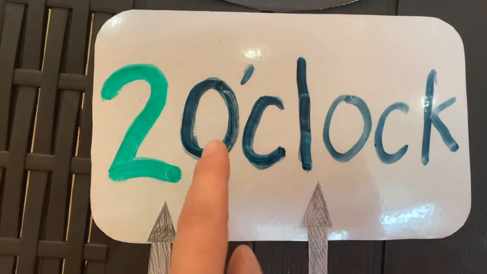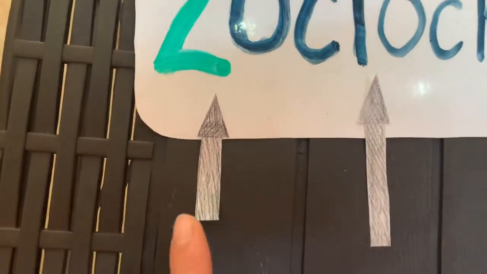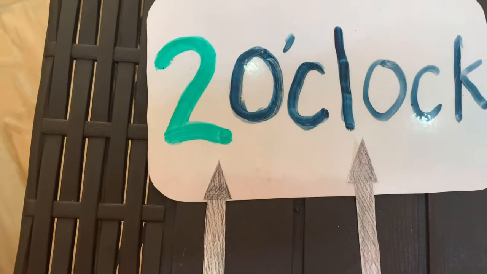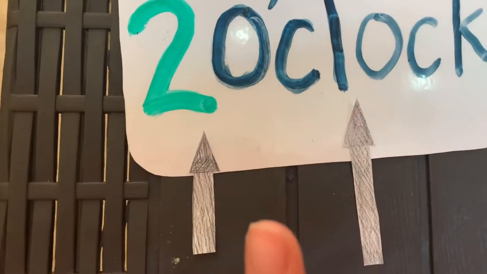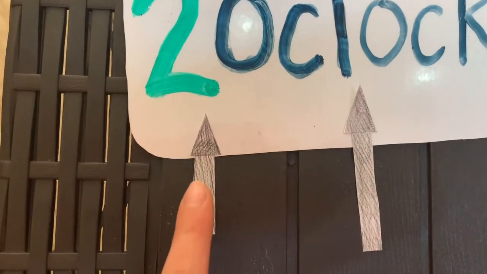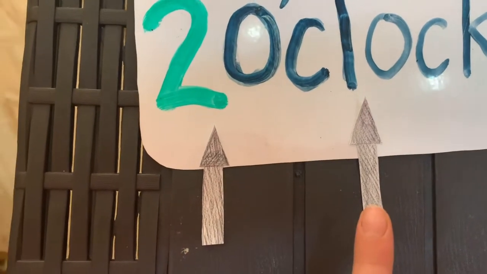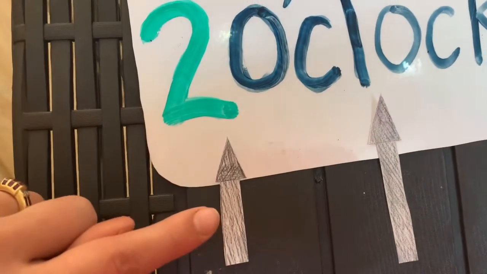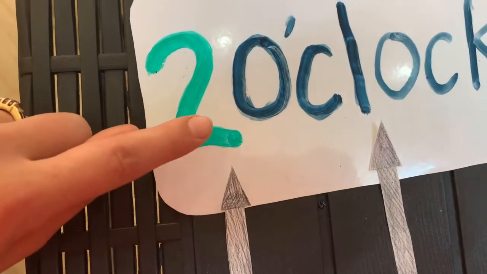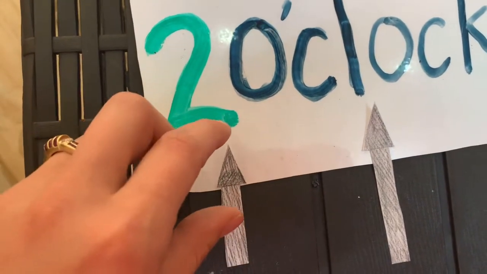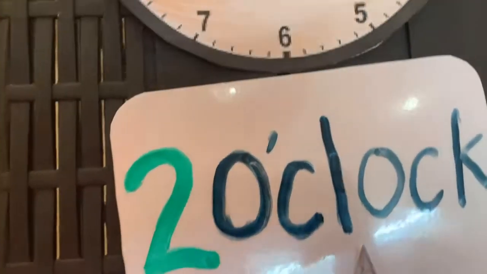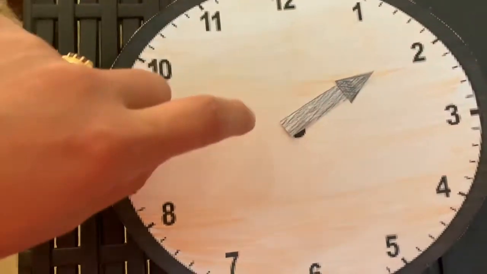And these are the hands. As we said, we have 2 hands. Small hand, big hand. The small hand is going to number 2. So we take the small hand and we go to number 2 on the clock.